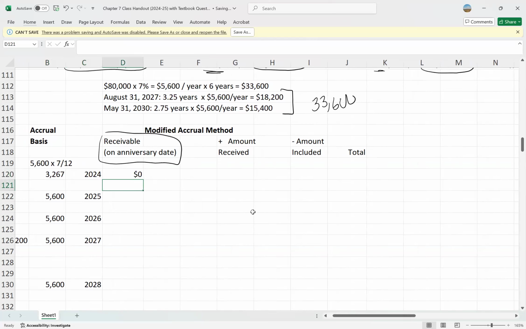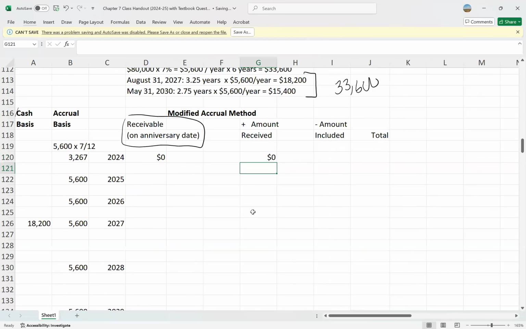So it looks at if there is an anniversary date, how much is receivable from the last anniversary date. But because 2024, the investment just started, there's no anniversary date, so there's nothing receivable for that first year. Then we add any amounts that we received. Well, we didn't receive anything this year because once again, if you look at the cash basis, our first payment was not until 2027. So 0 in the second column. The third column, we will minus anything that has already been included.